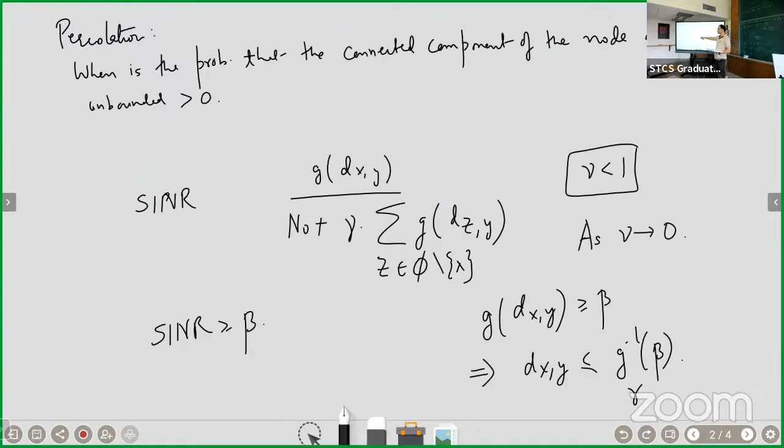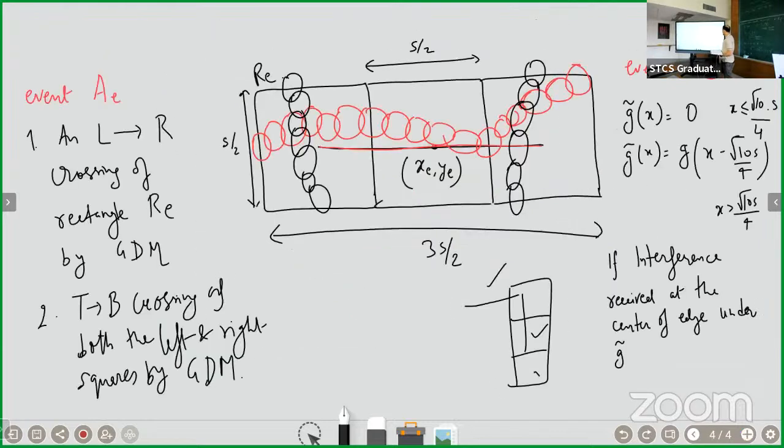This was the original interference, and now under g tilde we replace g with g tilde. I'll connect it to the actual interference. If the interference received at the center of this window under g tilde is less than or equal to some quantity, we choose that later, then B_E is 1 if this happens. Otherwise, it's 0. So they are binary events. What I'm saying is that the interference seen at exactly this point is at most m under the function g tilde.